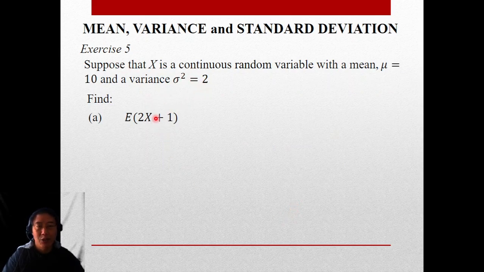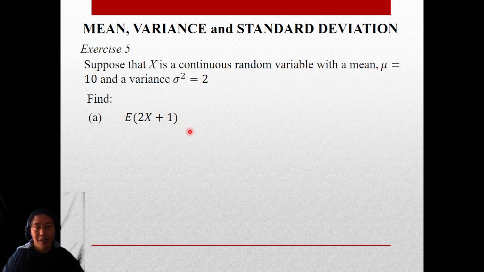You have a linear equation of a random variable. We know the mean, we know the variance, therefore the standard deviation.